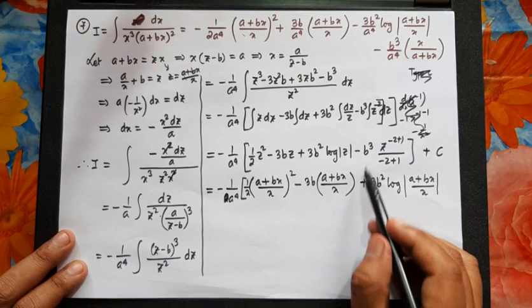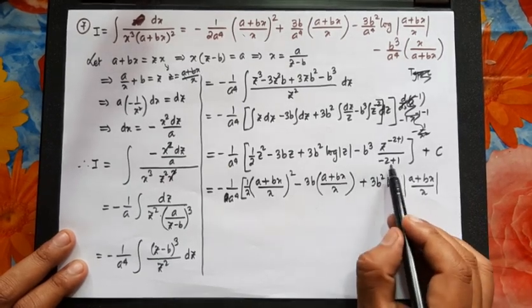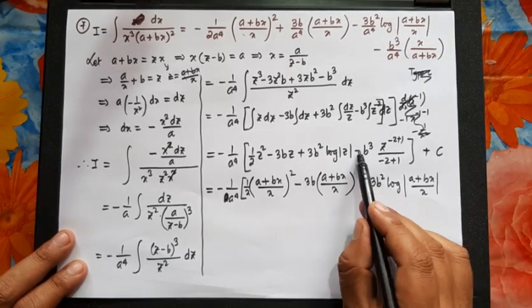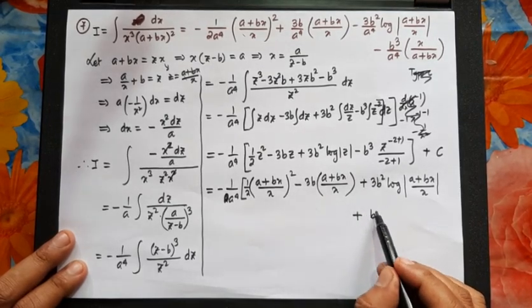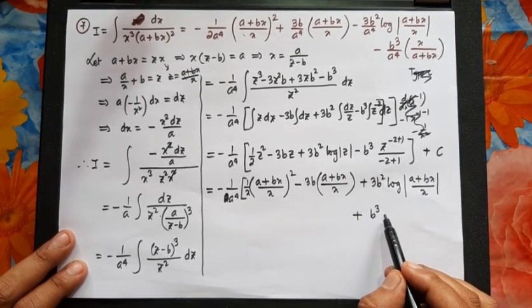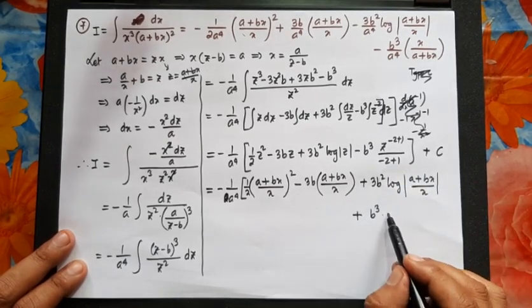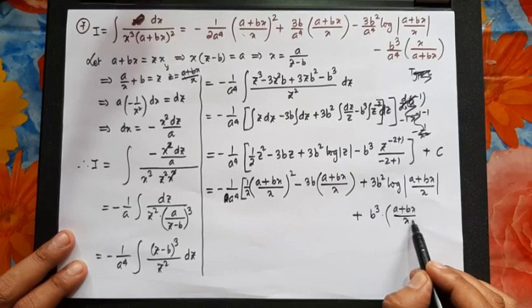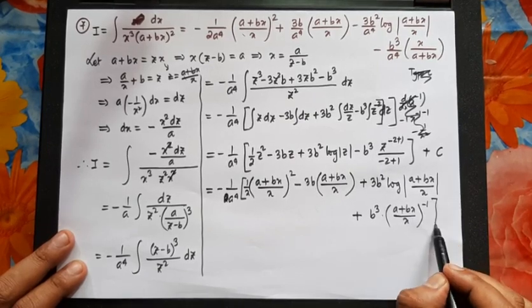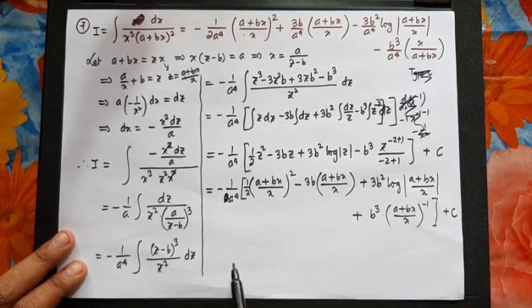Okay, and at last we have got minus b cube, and how much is this? This is minus 1, so minus 1 into minus becomes plus, right? So plus b cube into z to the power minus 1, that is z is a plus bx by x to the power minus 1, okay, with constant of integration.